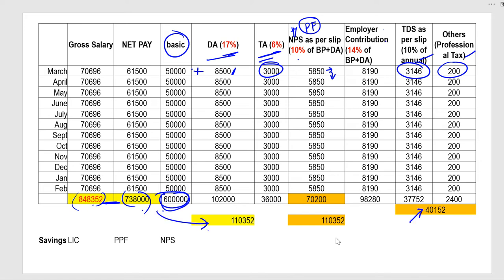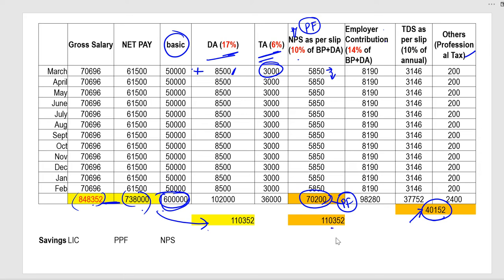This is the total tax plus your PF. That is, you are saving for your retirement. But the tax you are not going to get back, because the government is spending on us, those who are studying, those who are teaching. So we have to pay our liabilities. This is our tax liability. You cannot escape this one.